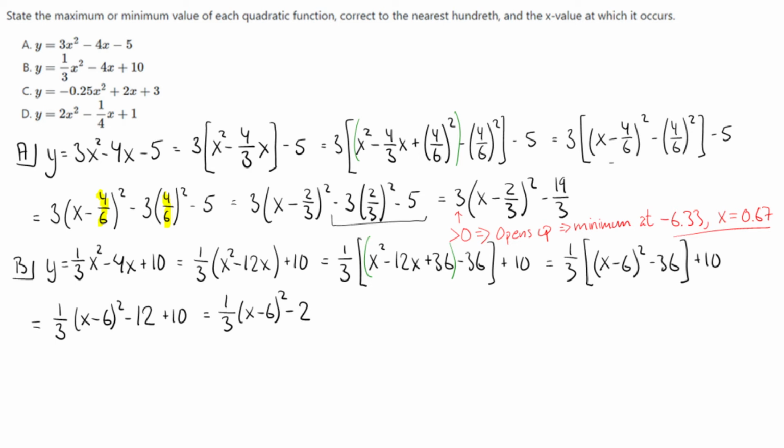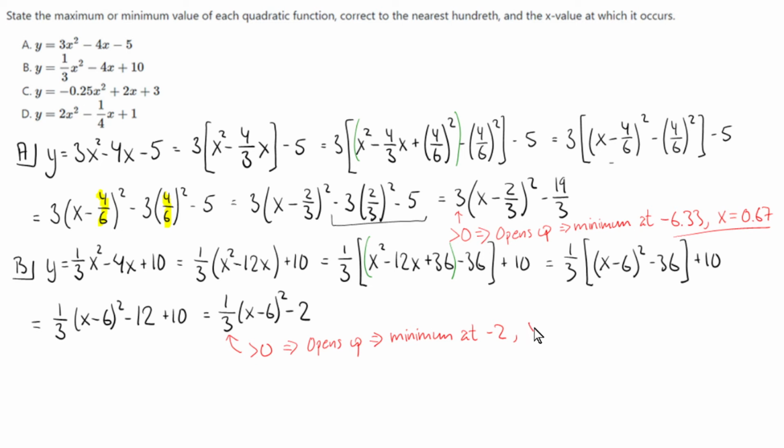So because this coefficient here is greater than 0, it means that the quadratic function opens up, which means that it has a minimum at the y-coordinate of negative 2.